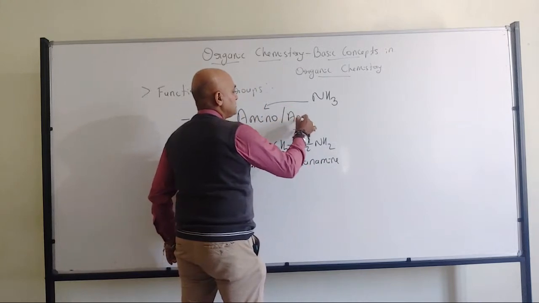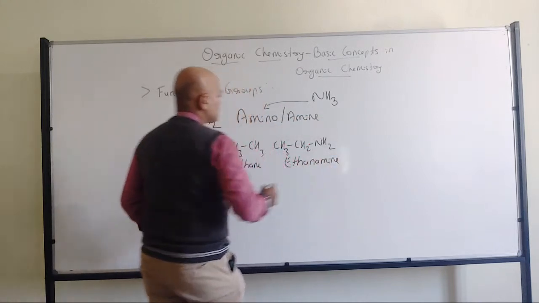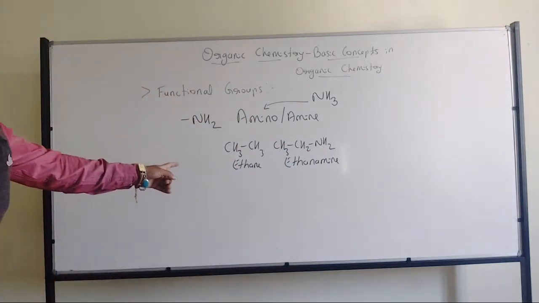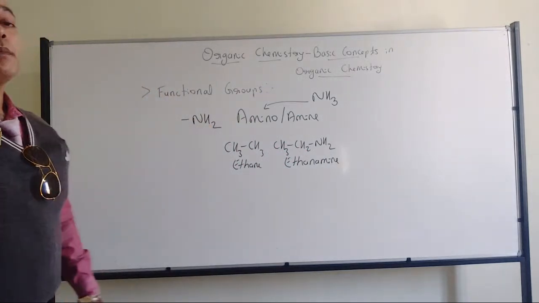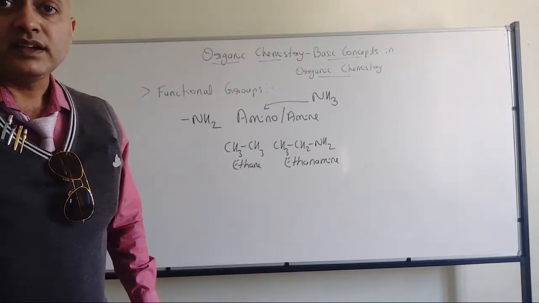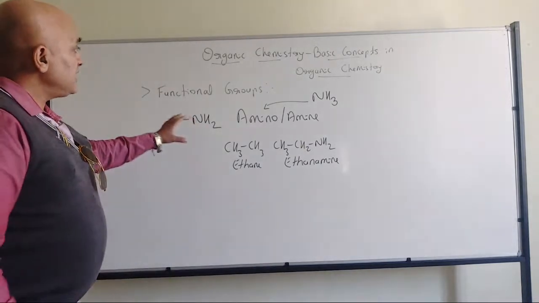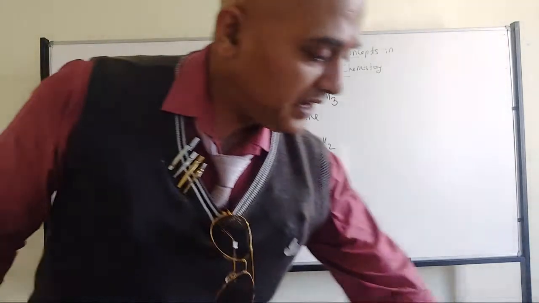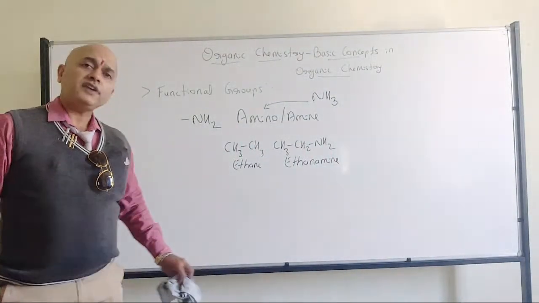That is because we have the amine functional group attached. E will be replaced by amine, ethanamine. Got my point? So another important functional group. All of you have understood?